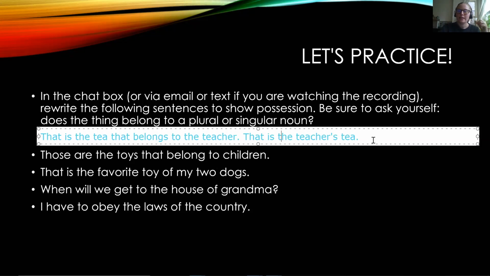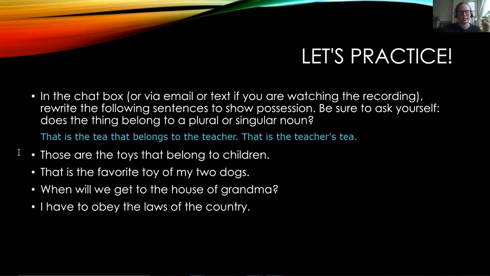So what I'd like you to do is, in the chat or text or email me, make the remaining 4 sentences here into sentences that use apostrophes to show possession. You're going to rewrite these sentences like I rewrote this one, "that is the tea that belongs to the teacher," to be "that is the teacher's tea."